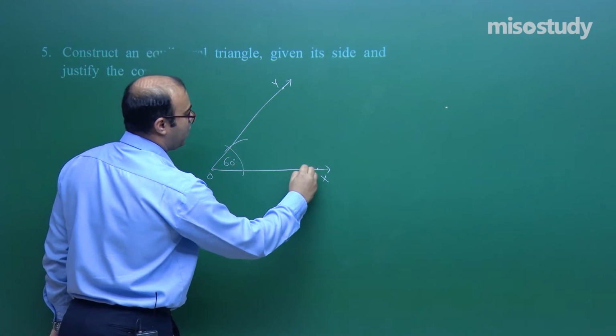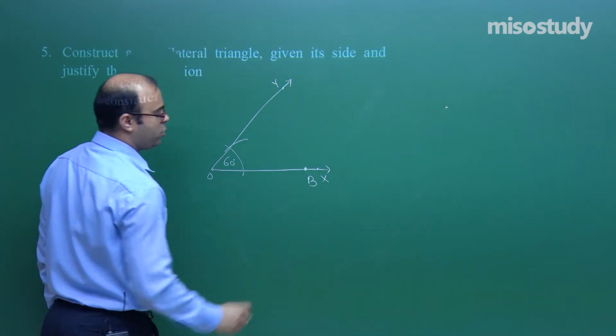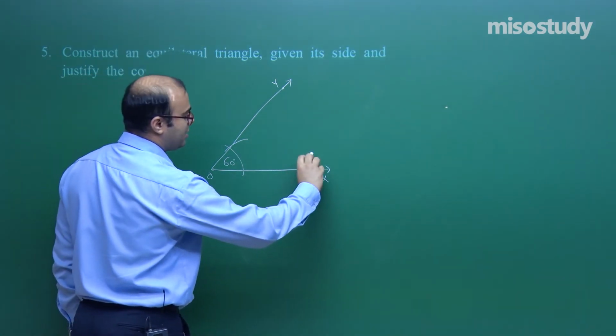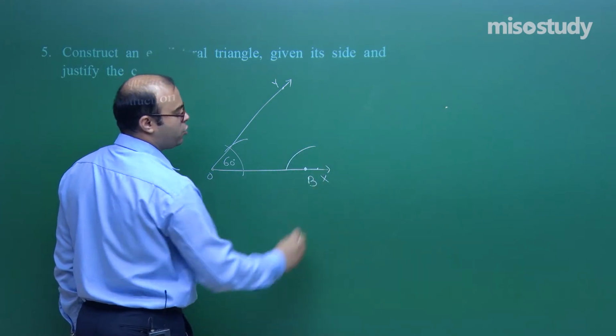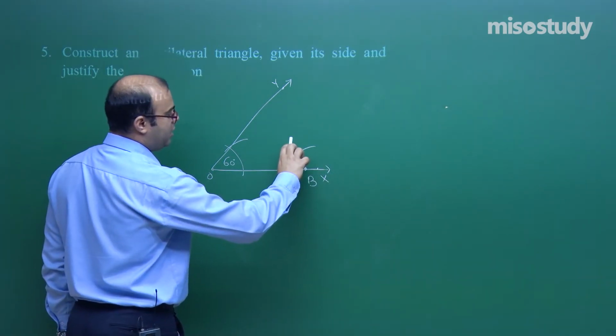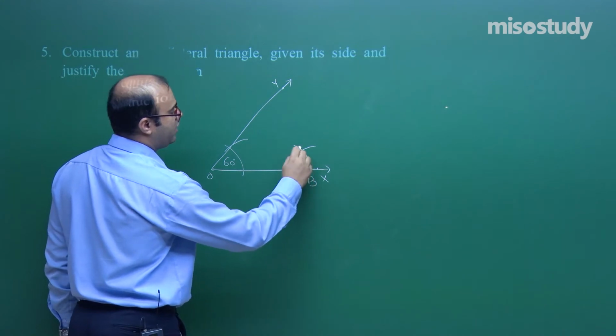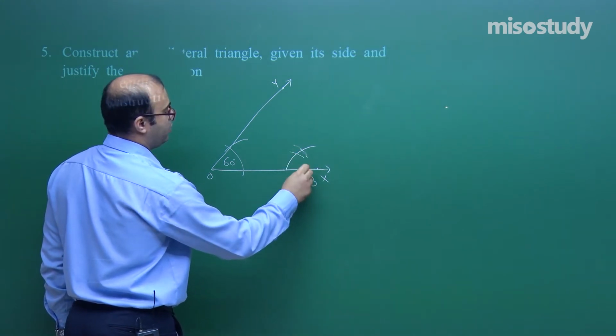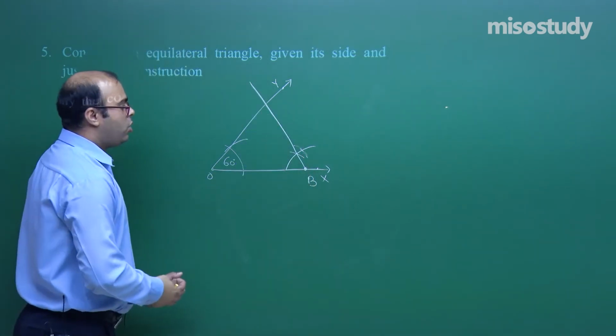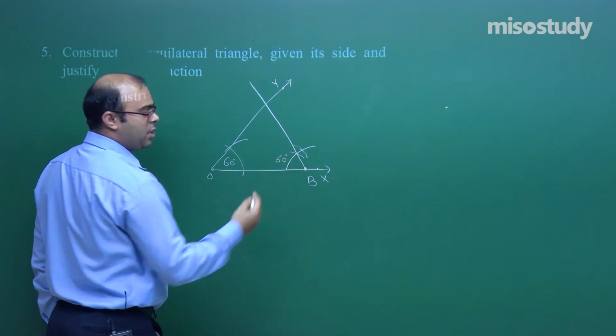From here let us take another point B on this ray, and from here as the center and some radius, let us draw an arc. Then from this center and the same radius, draw another arc, they will intersect at some point here. We will join them. So this is also 60 degrees, same method we have used.